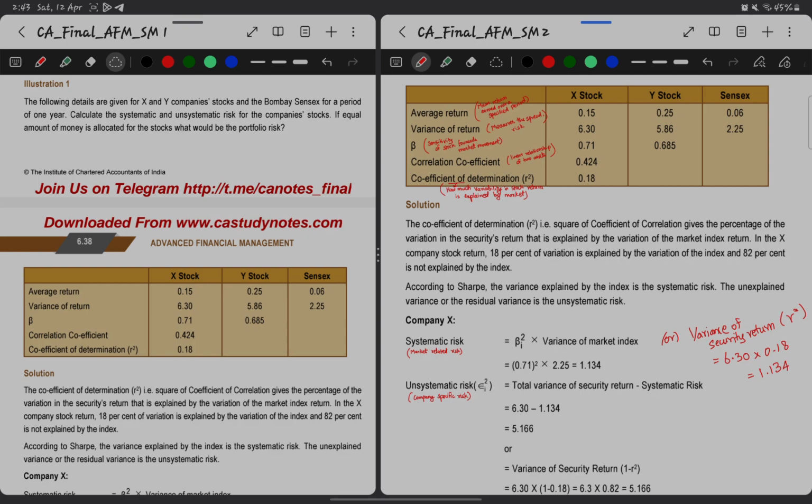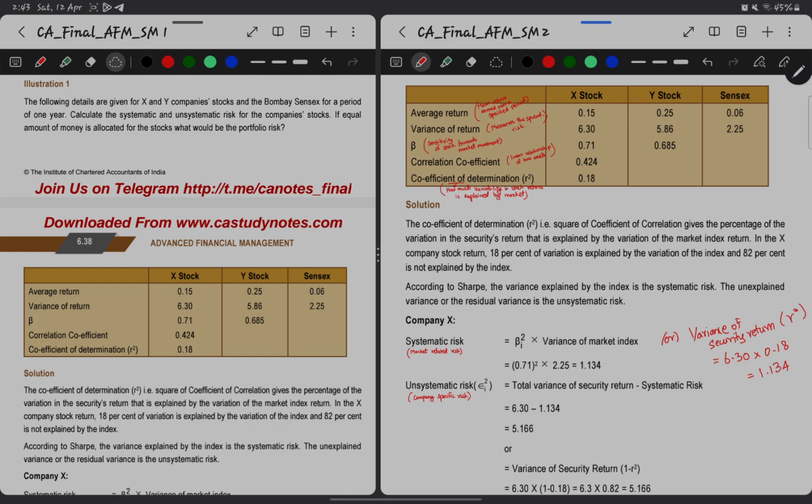So that's what is systematic risk and unsystematic risk. The variance of return will be the total risk. Out of that, how much market related variation happens. So the market related risk will be the systematic risk, and the company specific risk will be the unsystematic risk.